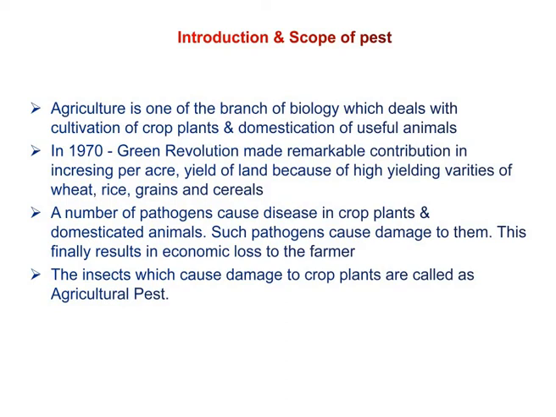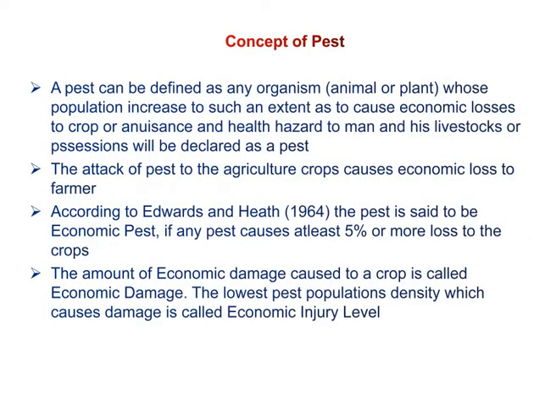Now, first come to the topic, that is, what is meant by pest, or what is the concept of pest. A pest can be defined as any organism, either animal or plant, whose population increases to such an extent as to cause economic losses to crops, or is a noxious and health hazard to man and his livestock or possessions, and will be declared a pest.